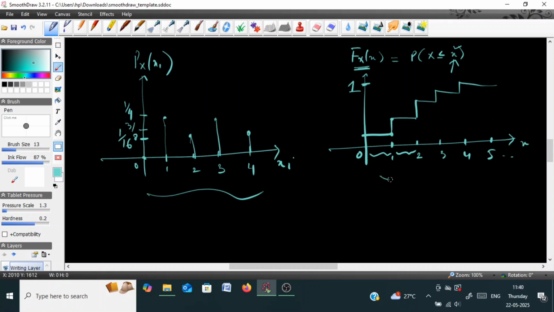Okay. So this is the CDF. So CDF is basically a step function. Whereas in the case of discrete random variables, your PDF is a discrete function and the CDF is a step function.